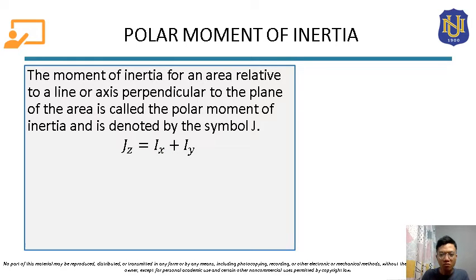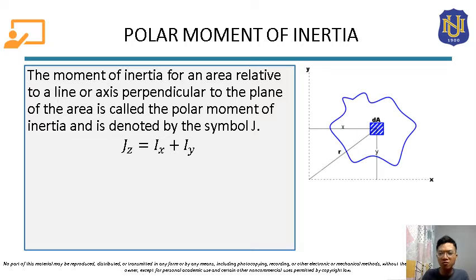We actually derived this from here. Let's say we have this area. If you take the differential area of this area, then for the moment of inertia with respect to the x-axis, its moment arm will be this, which is y. For the moment of inertia with respect to the y-axis, its moment arm will be this, which is x.